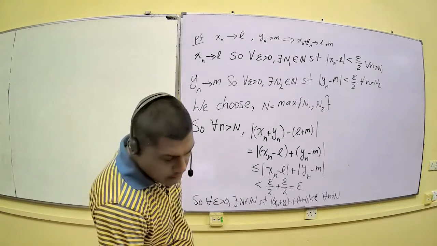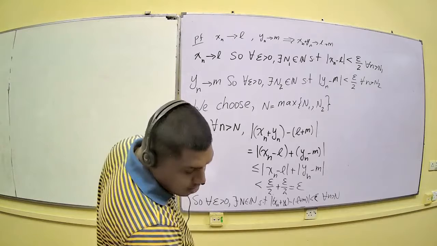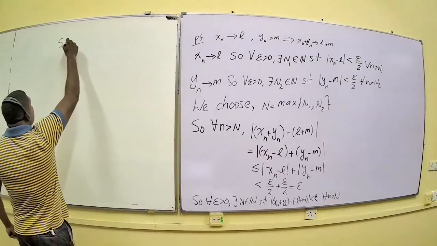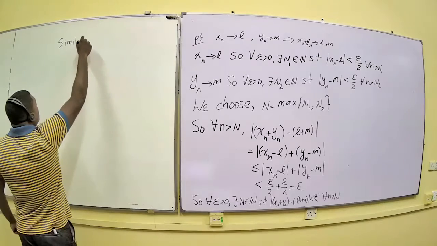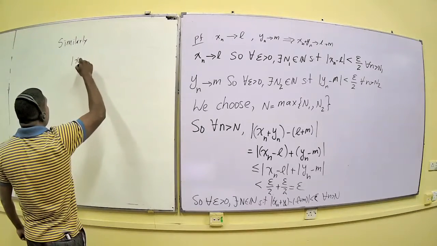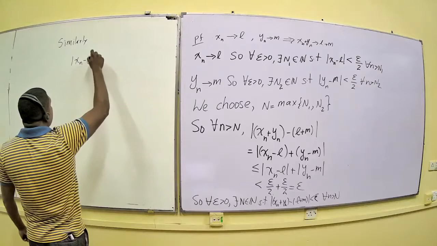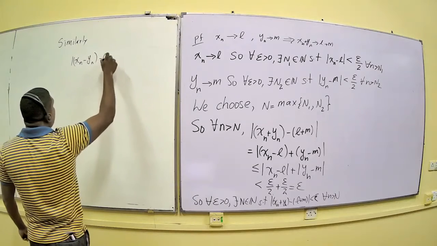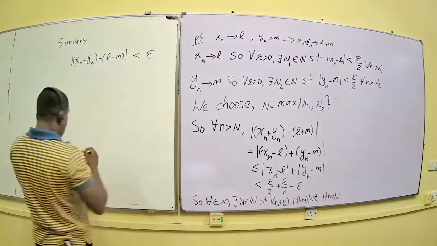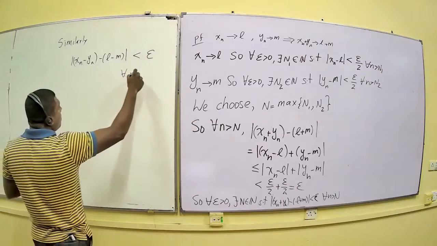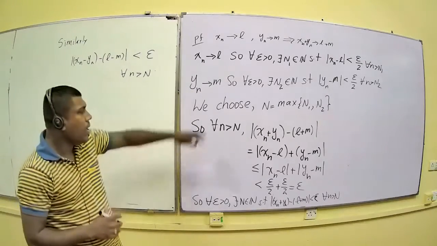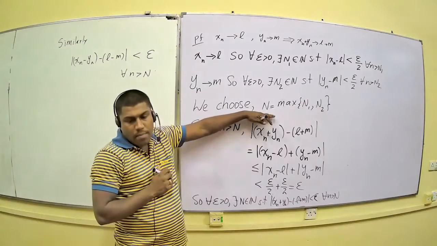And the second result is similar, so I leave that part as homework. Similar argument, same N, everything up to here is same.